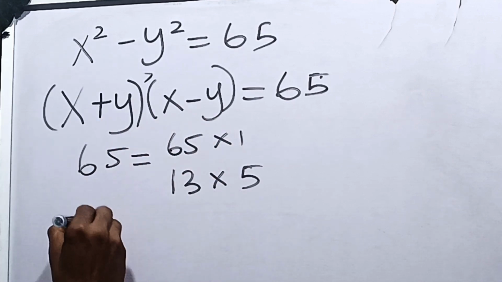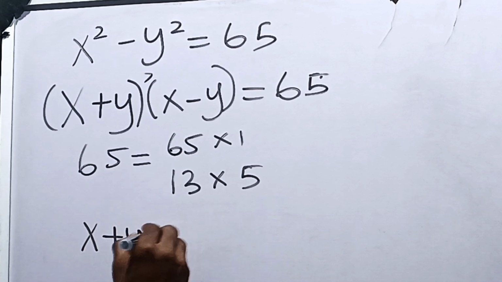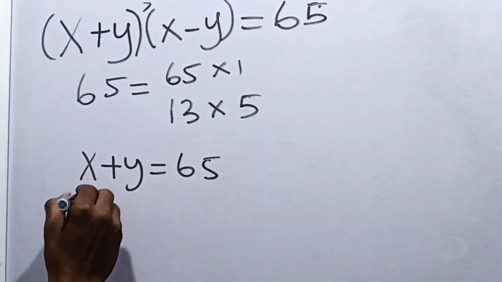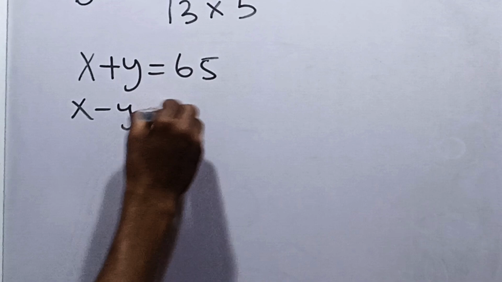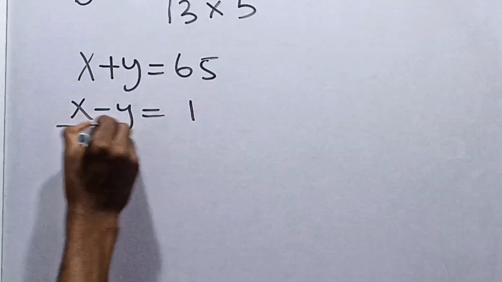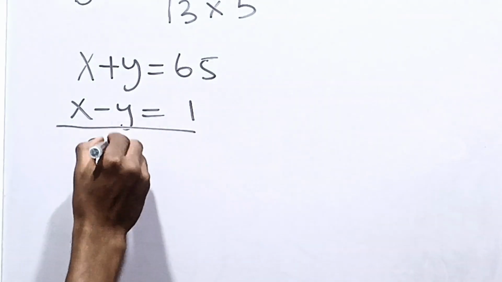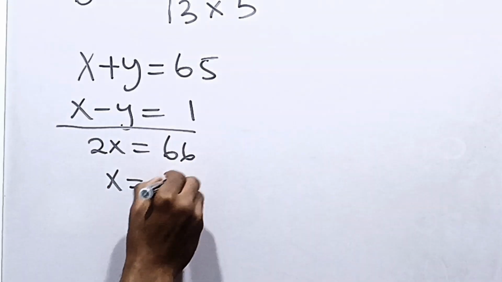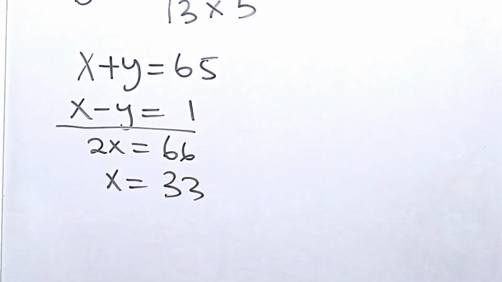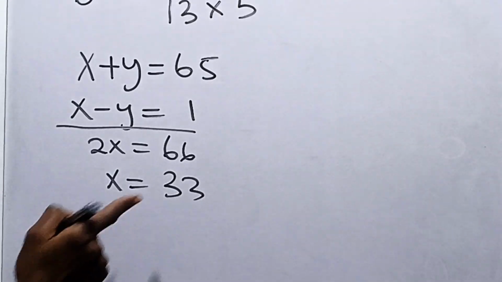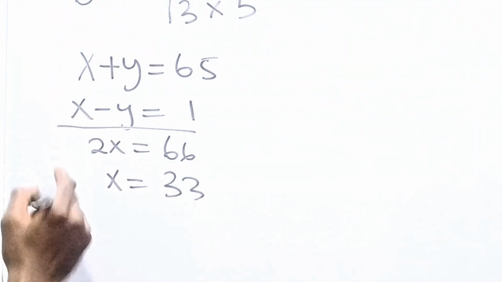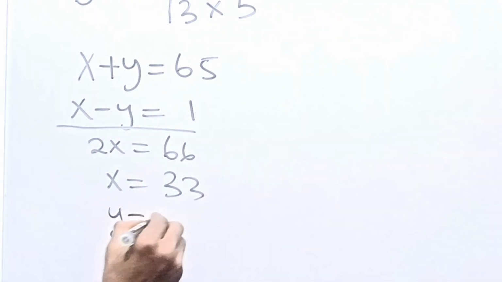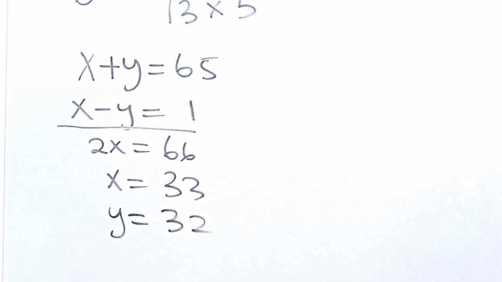We're looking for whole numbers, remember. If we add these two equations together, we have 2x is equal to 66, x is equal to 33. Putting 33 as x here, y will be equal to 32.